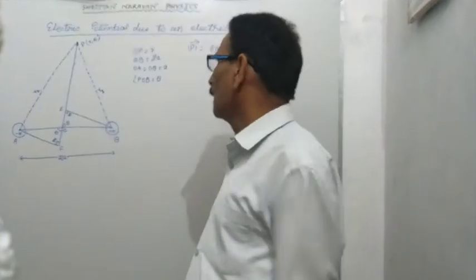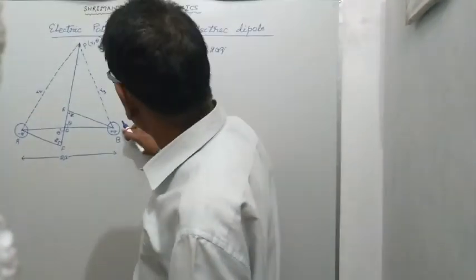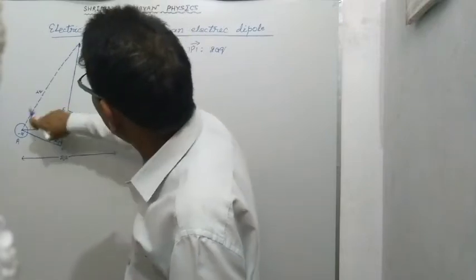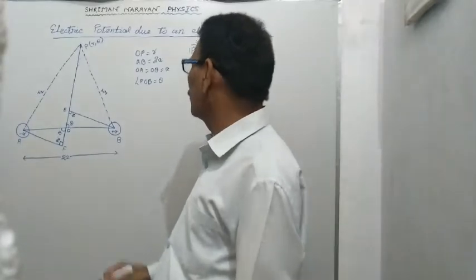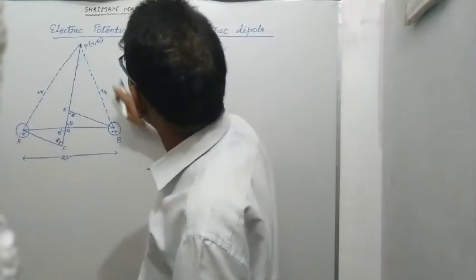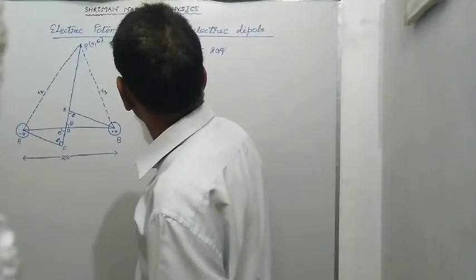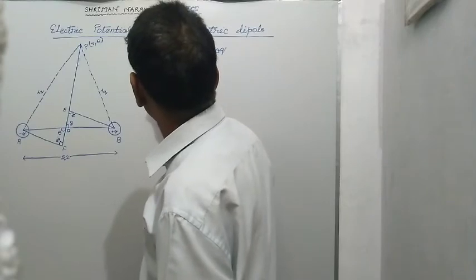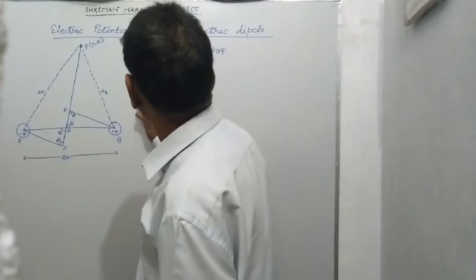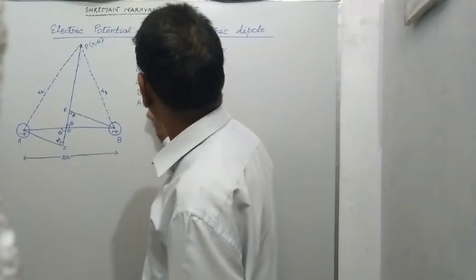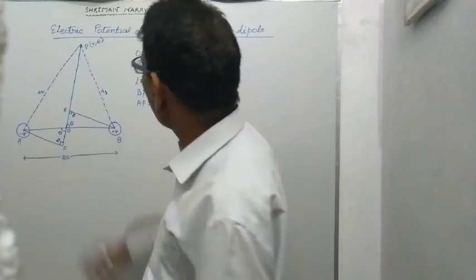Now we are going to join this line BP and this line AP. Let the distance BP be equal to R1, and the distance AP be R2.